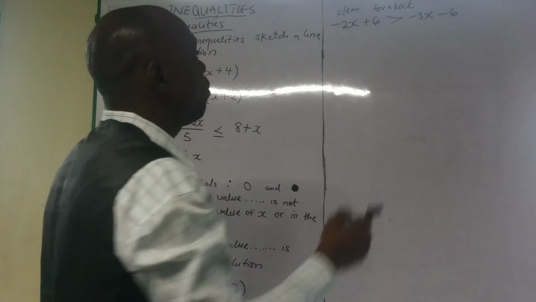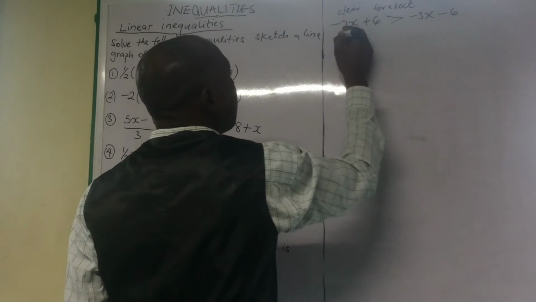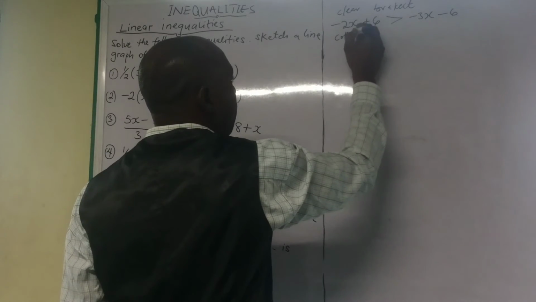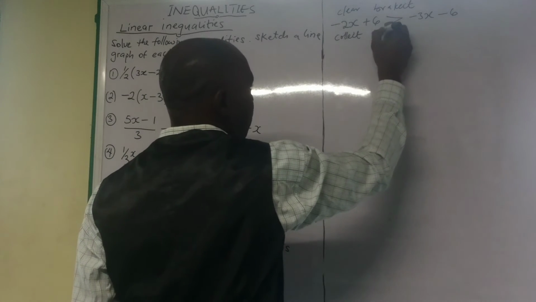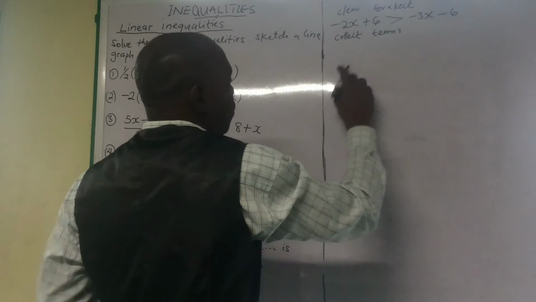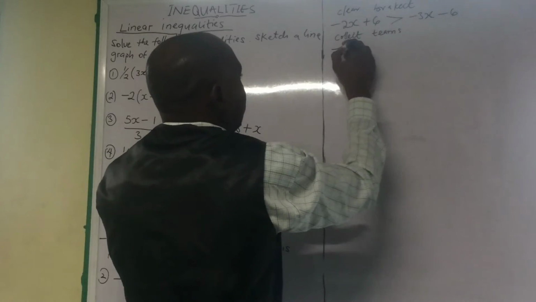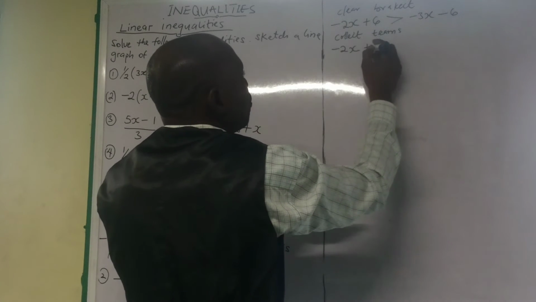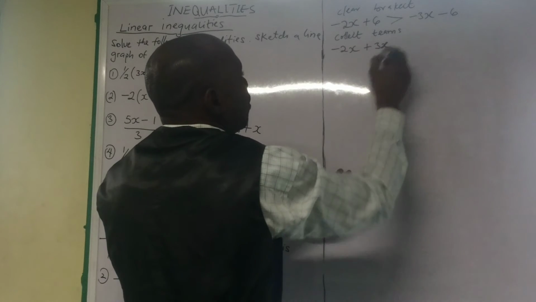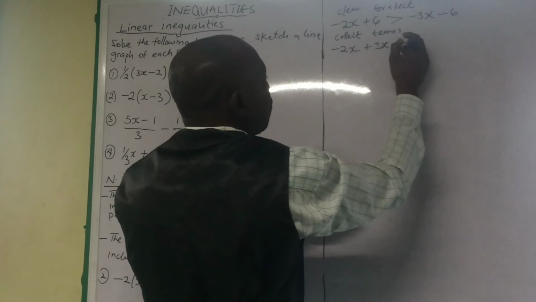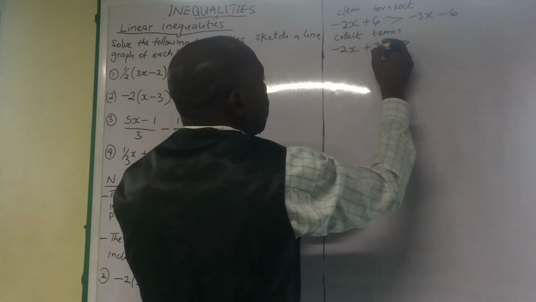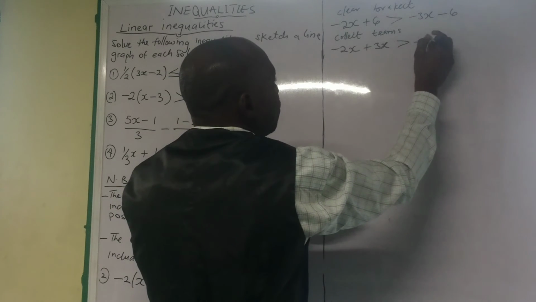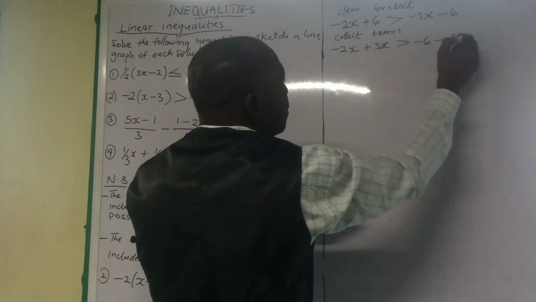With this one now, we collect the x terms. So minus 2x, when you transfer this to this side, it's going to give us positive 3x. Then if we transfer this one on top, it's going to give you minus 6, minus 6.